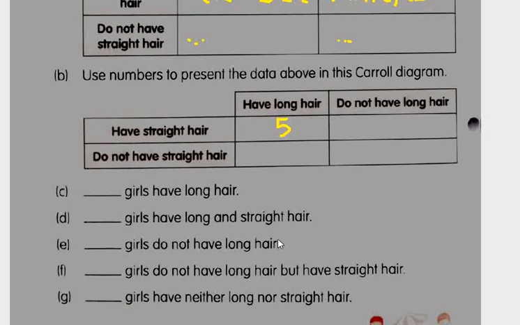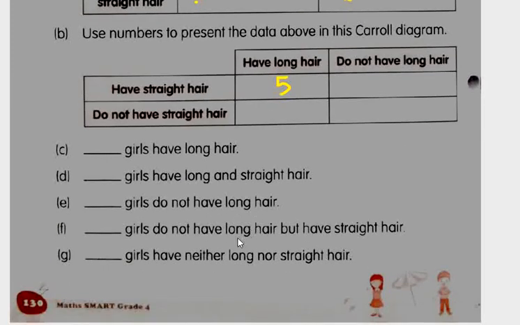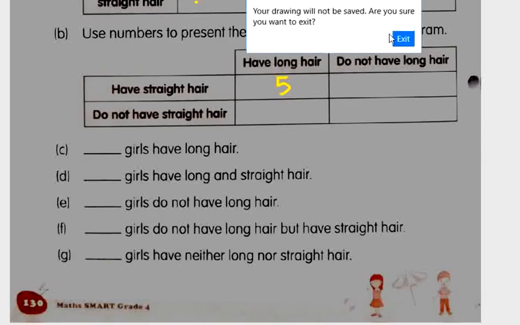See how many girls have long hair, how many girls have long and straight hair, do not have long hair, do not have long hair but have straight hair. The girls have neither long nor straight hair. Okay, so use your logical thinking to answer the questions. Okay, now let's proceed to the next page.